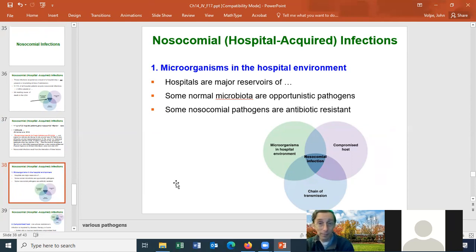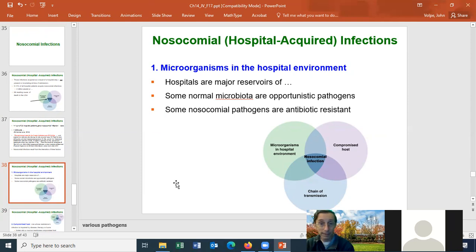But hospitals are a major reservoir of sick people, and sick people have organisms which cause disease. So some of the sick people have communicable diseases, which can be a nosocomial acquired infection. There's also some normal microbiota, which are opportunistic pathogens.